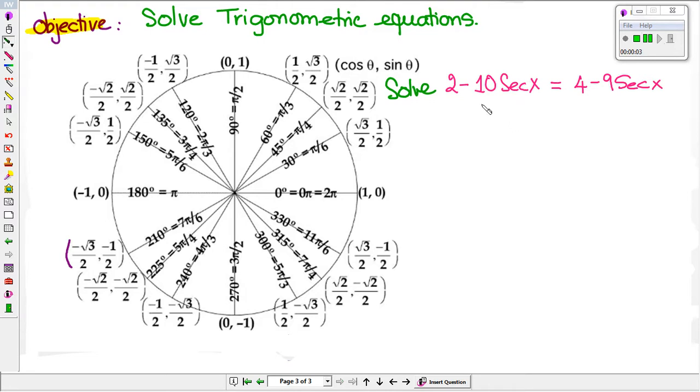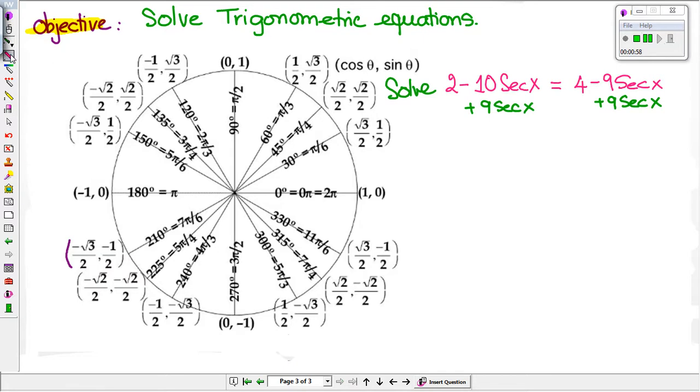The first thing you have noticed is that you have secant of x on the left side of the equation and on the right side of the equation. So what we are going to do is move all secant of x to one side of the equation. So we go ahead and add 9 secant of x to the right side and then to the left side, so that we can move the negative 9 secant of x from the right side to the left side.